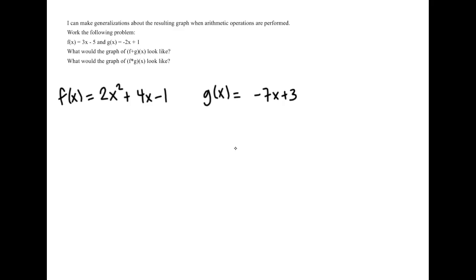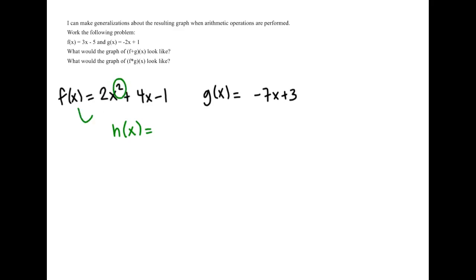When I add two functions together, remember we're going to add like terms. Whatever my highest exponent is, that's the highest exponent that the resulting graph will be. So if I'm adding or subtracting these two functions, my resulting function will be exactly what this exponent is.